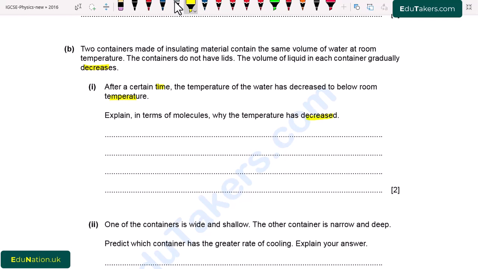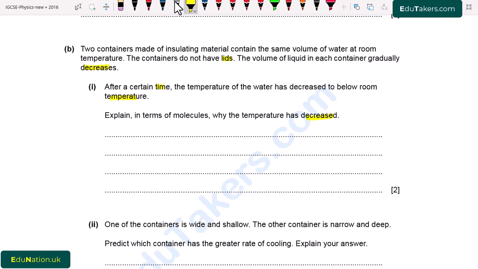So here it is basically evaporation. As the same volume of water is in two containers and they don't have any lid, both containers are not covered and their volume decreased. It means that the molecules of the liquid escape from its surface, due to which its volume decreased.